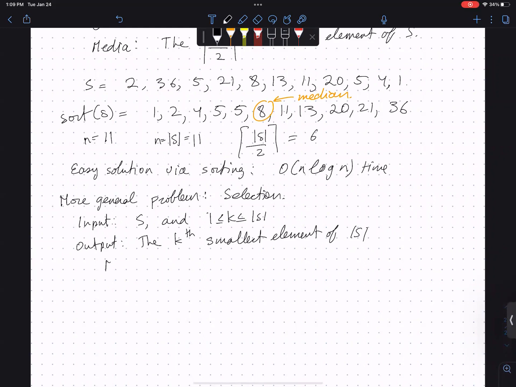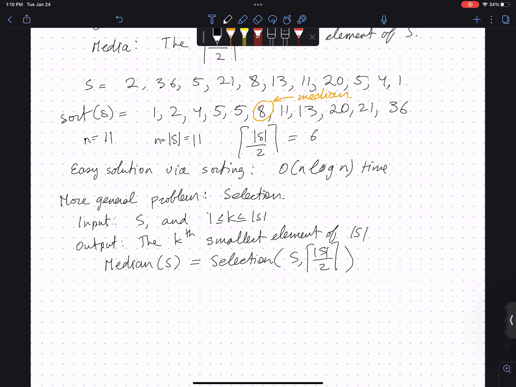So in particular, median of S will be selection of S and that S over 2 ceiling. Okay, so we want to be able to actually pick not just the middle element, but like the 2nd element or the 9th element or whatever element we want.